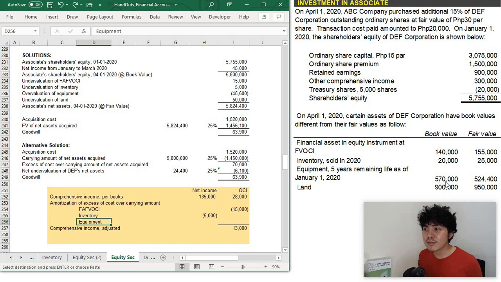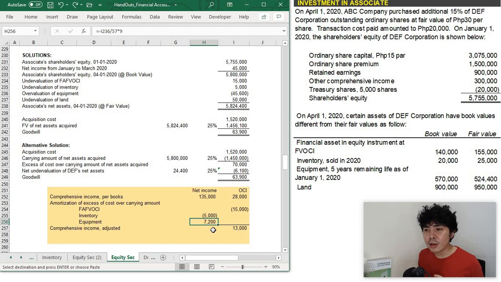Yung depreciation sa 570 or depreciation sa 524,400? Obviously, mas malaki ang depreciation sa 570, which is yun yung na-deduct sa 135. So, ibig sabihin, sobra yung depreciation dito sa net income na nakarecord sa libro ni associate base sa ating point of view. Kaya, babawasan lang natin yung depreciation na yon or dadagdagan yung net income. By how much? By 7,200. So, dadagdagan natin ng 7,200 yung net income. So, ano tong 7,200?